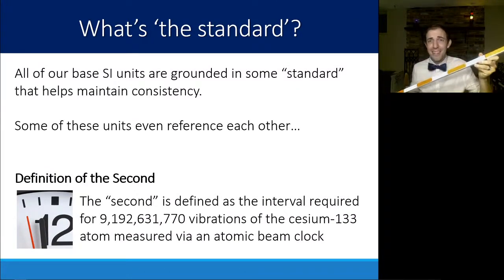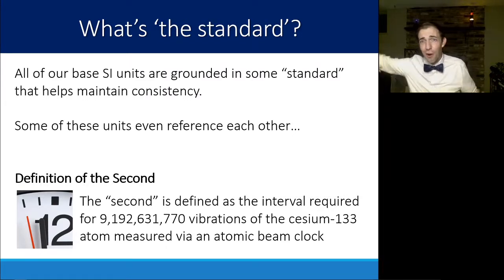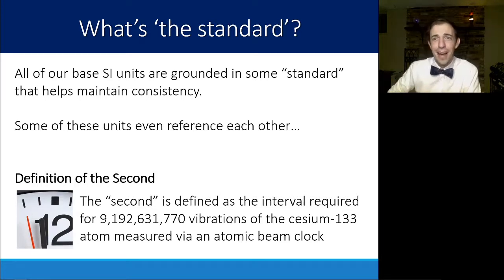This meter stick is just defined based on other more precise meter sticks used as a standard, and those can trace all the way back to some standard meter stick to ensure their precision and their accuracy. For example, the second is also defined down there based on the vibrations of cesium.